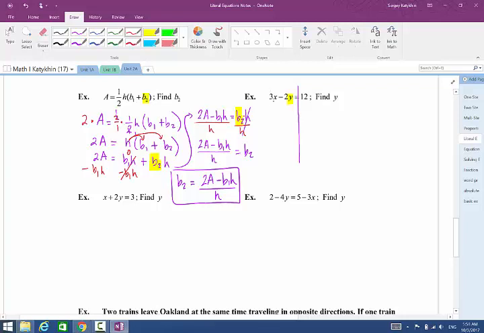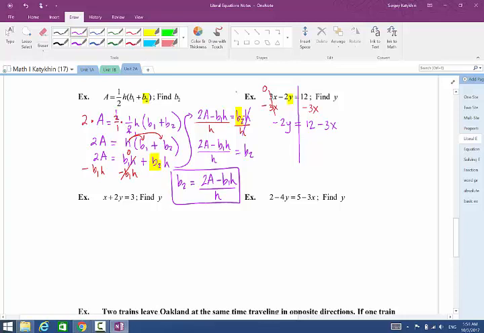So we're going to subtract 3x from both sides. When I do that, I get 0 here, and I get negative 2y. Remember that negative or minus is with the 2, not the 3x. And I get 12 minus 3x.